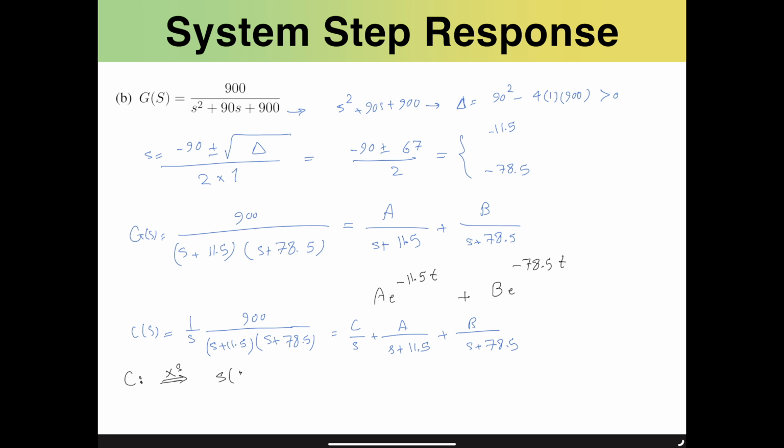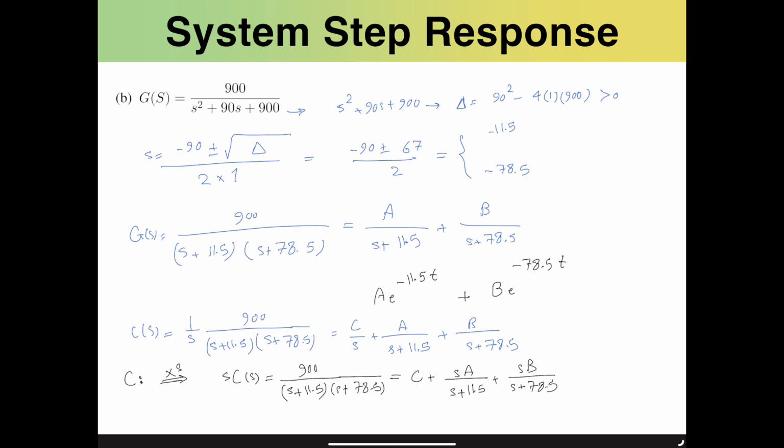In doing so, s C(s) is going to be 900 divided by s plus 11.5 times s plus 78.5. So that is actually what we have on the left side of the equation. On the right side, we have C plus sA divided by s plus 11.5 plus sB divided by s plus 78.5.